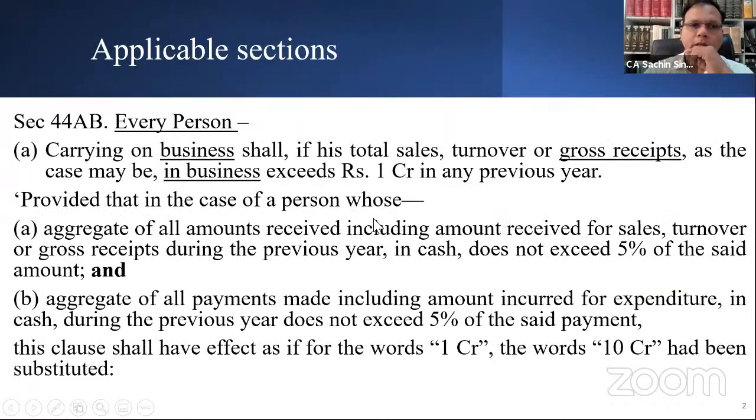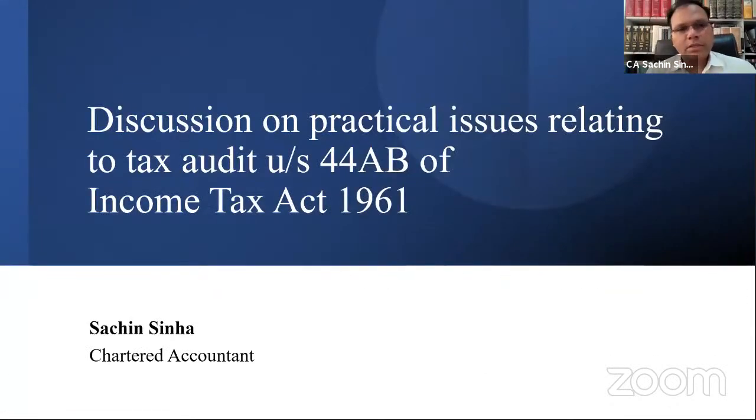Great. So 44AB is a very interesting section because amendments are frequently there. Earlier, if you remember, I think 5 years back, there was a little amendment in this section. However, this section was introduced in 1984, and from that time, the limit prescribed in section 44AB was almost frozen up to 40 lakhs, and then it increased to 60 lakh, then 1 crore, then 5 crore, 10 crore.